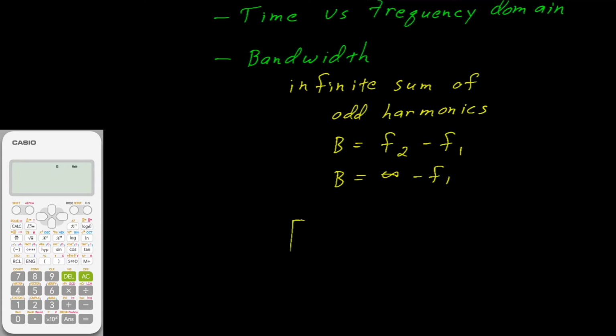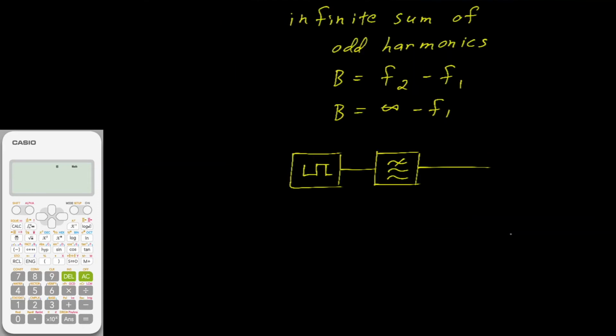In a practical example, if this is a square wave generator, we can run the output through a filter. We might run it through a low-pass filter. And what that will do is it will remove the upper frequencies. In the frequency domain, that looks something like this.